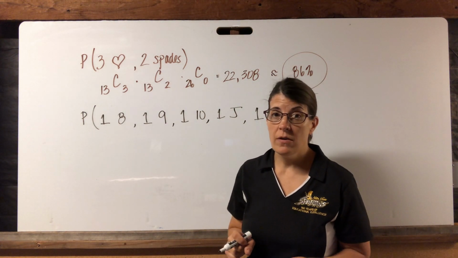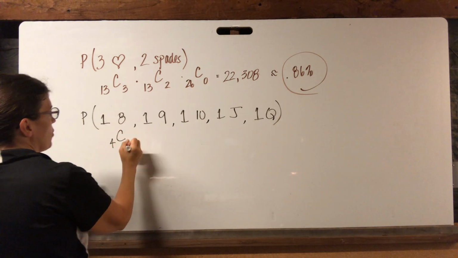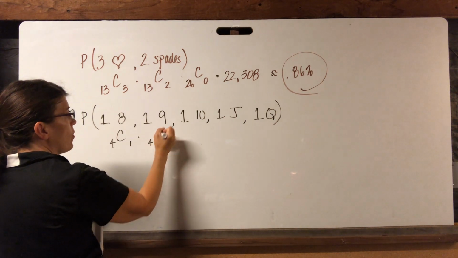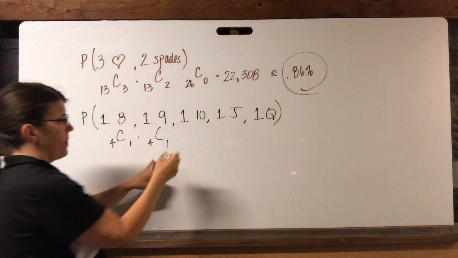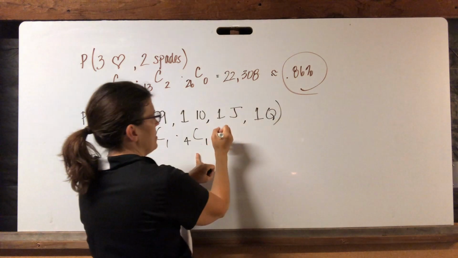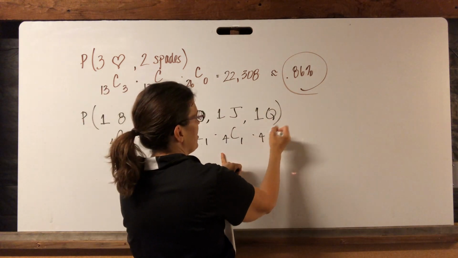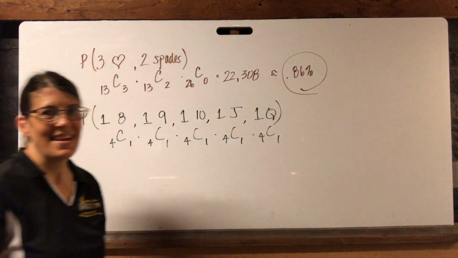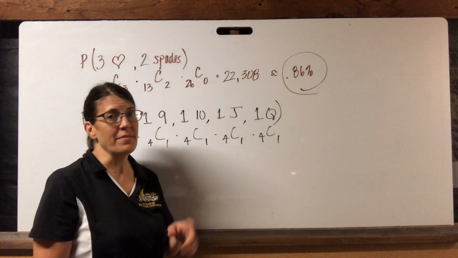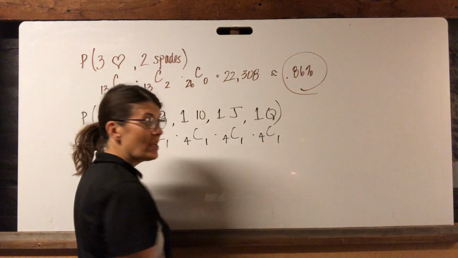How many 8s are there? 4. 4 choose 1. How many 9s are there? 4 choose 1. How many 10s are there? 4 choose 1. How many jacks are there? 4 choose 1. How many queens are there? 4 choose 1.